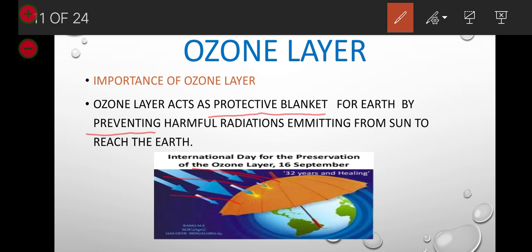So that harmful. But the work of the ozone layer is to stop this radiation from reaching the earth. Okay, this is how it protects the earth from this harmful radiation. So that is the work of the ozone layer.